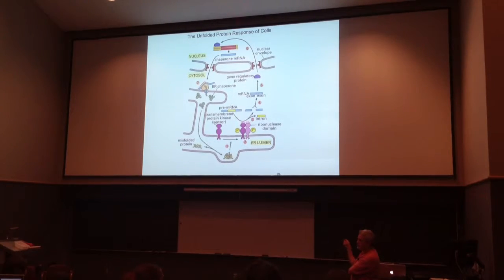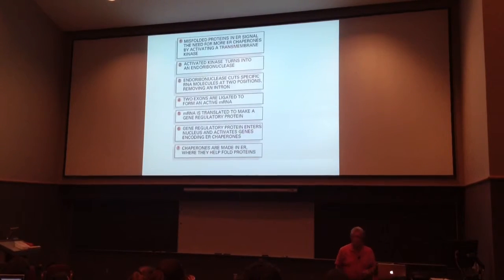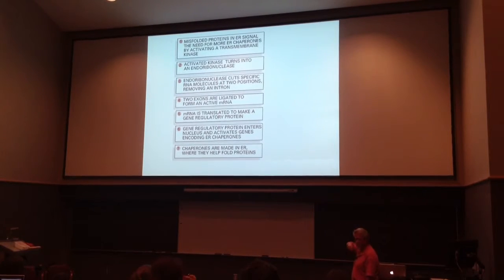So this response increases the number of chaperone proteins in the ER, so they can more effectively fold proteins that are misfolded. You'll notice that these steps are numbered 1, 2, 3, 4, 5, 6, and I made a table here that tells you exactly what I just said. You can have questions on this and just outline all of that.